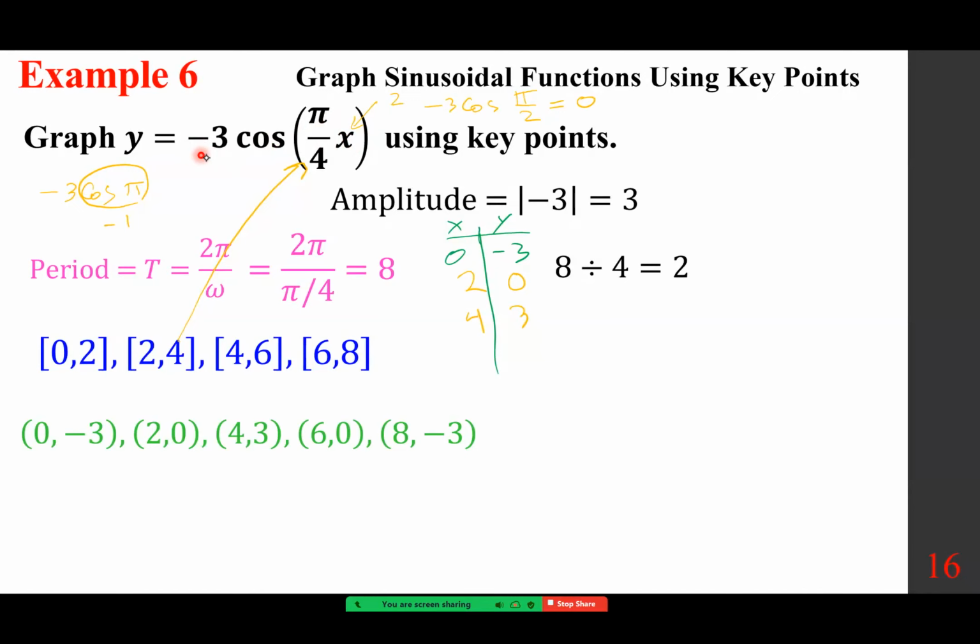So we are going to put 5 pairs in a grid, okay? For example, this is 3, this is negative 3, this is the first one, just for the sake of all.